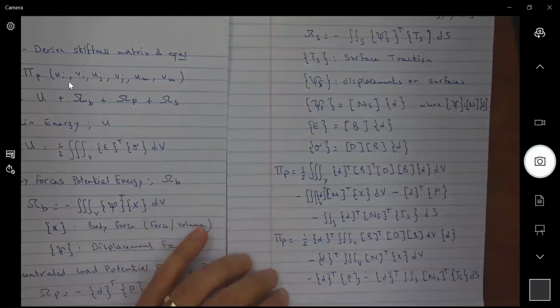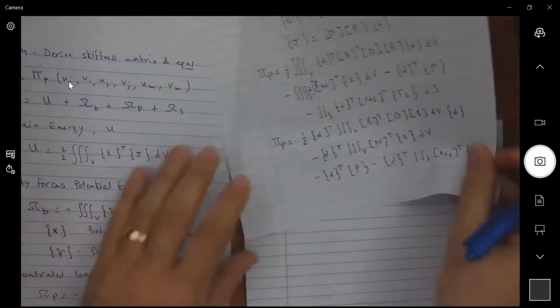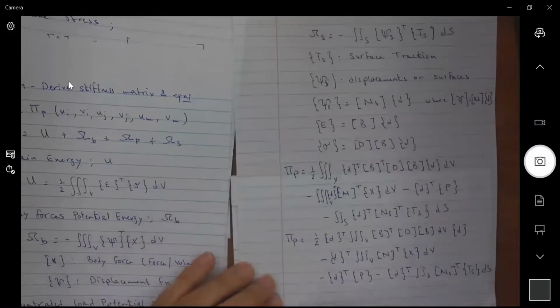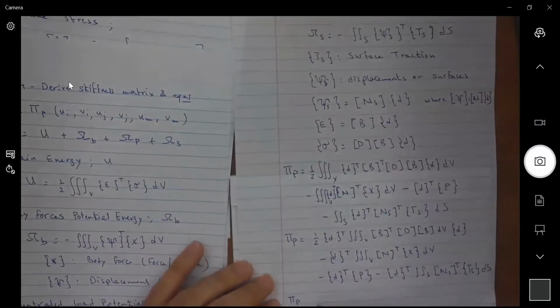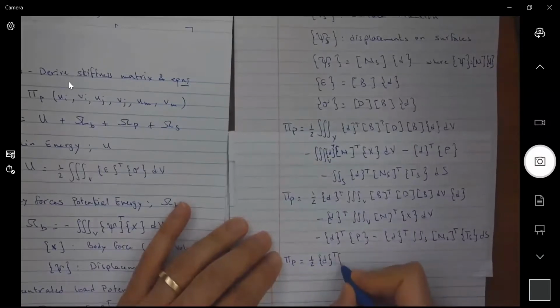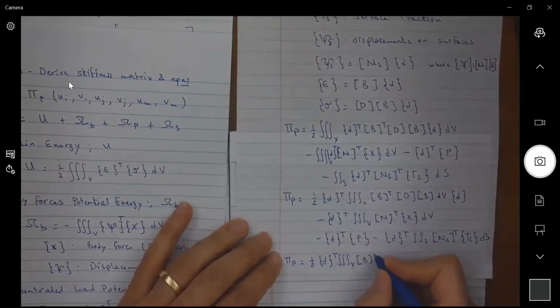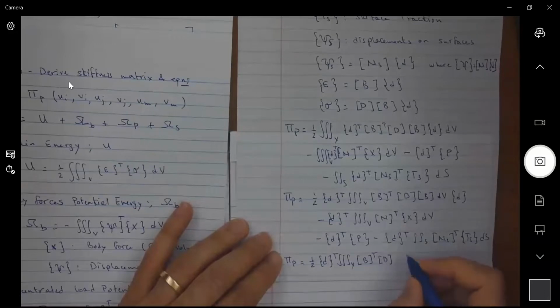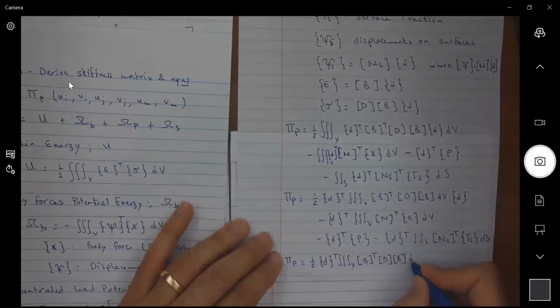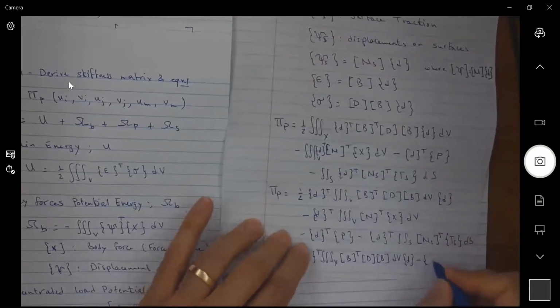So we clearly see here the d transpose. So we can write pi p as equal to 1/2 d transpose times the triple integral over the volume of B transpose times D times B dV times d, minus, I have here the d transpose.